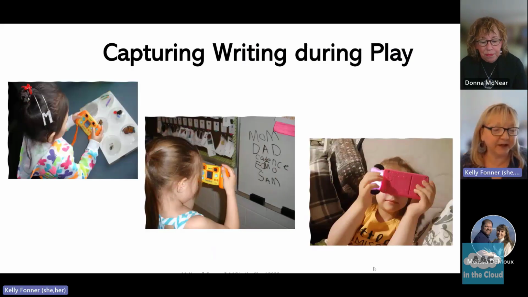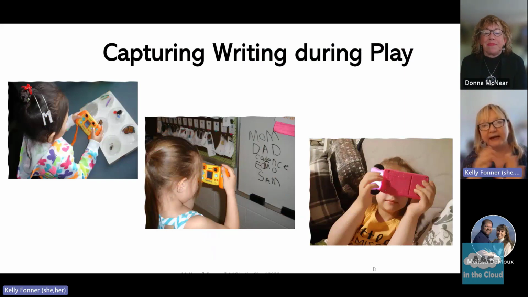And then another colleague that Donna and I work with often is Scott Marfilius, and Scott is always talking about capturing writing, making sure that in our day and age of things being electronic, where everybody's got a phone at their side taking a picture of what's going on, that writing is captured. It's not just something that's put in an email or a text message and off it goes, but that we can capture it.